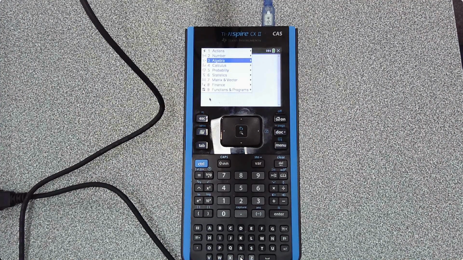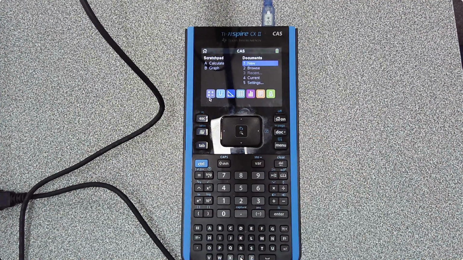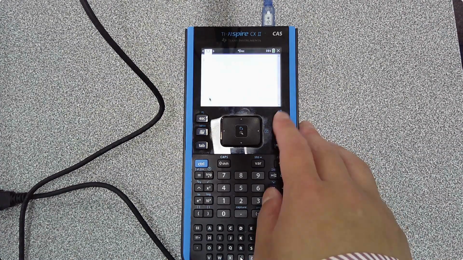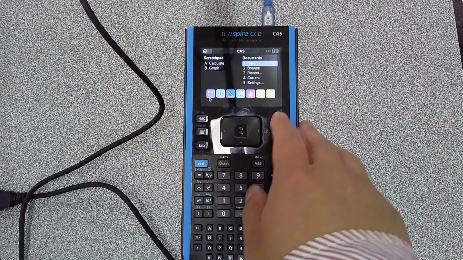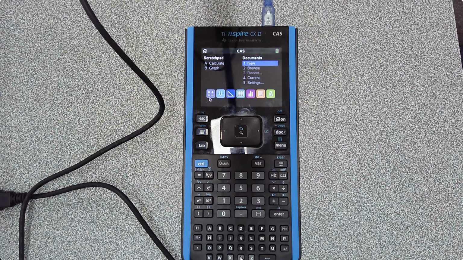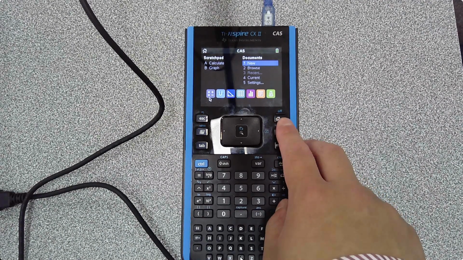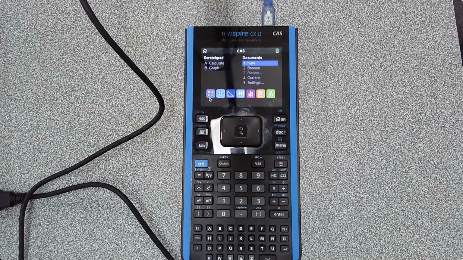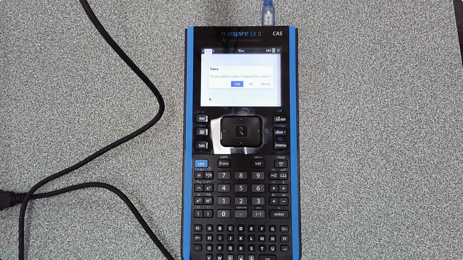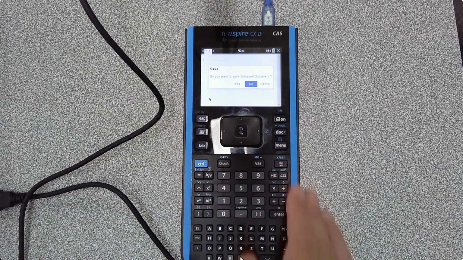Okay. Now, did you use this last year? No. Okay. To get to the main menu, press the on button. Is that coming up? Yes. So what you'll want to do is press enter when it's over new. So we're going to create a new document.